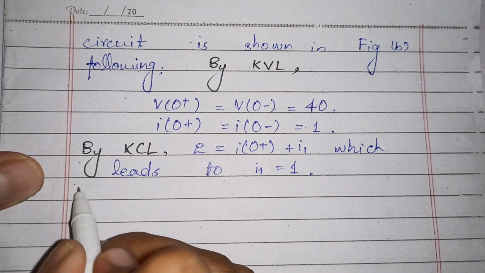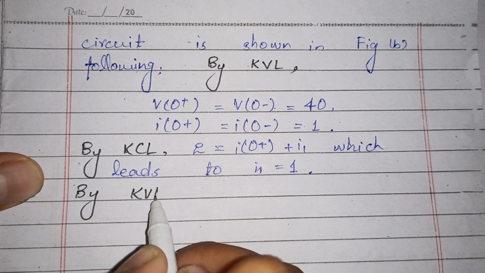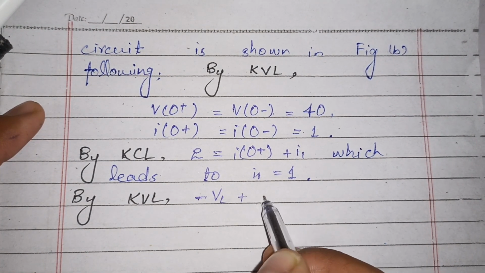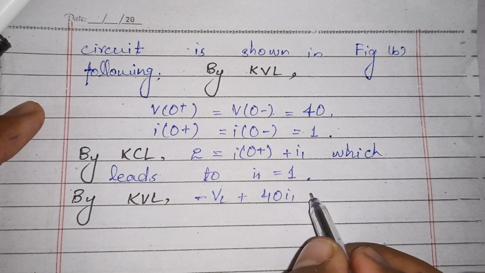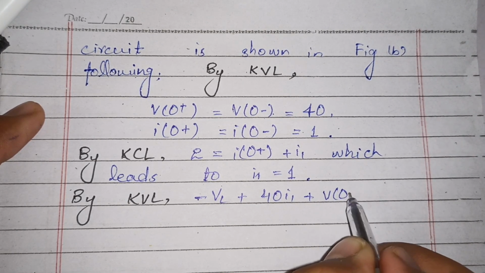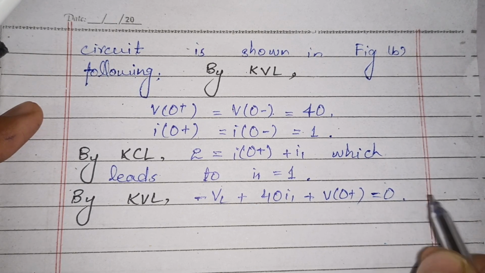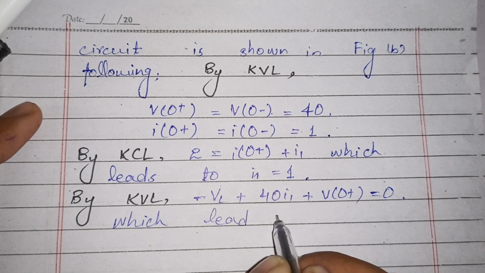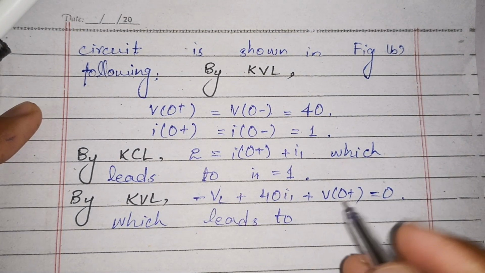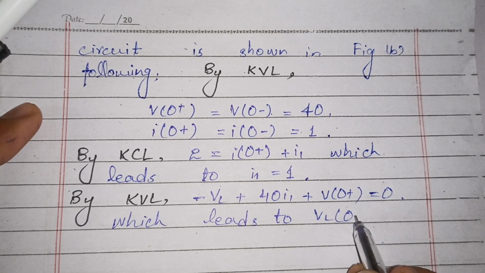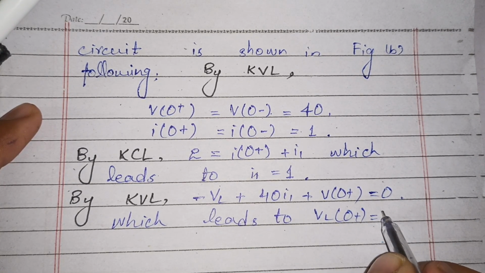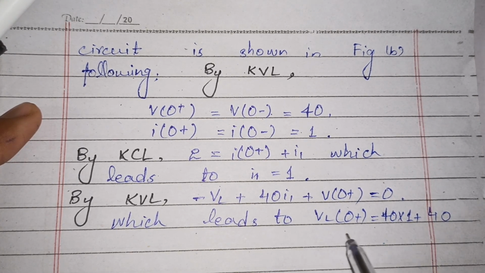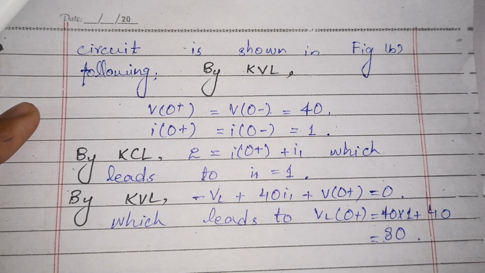Now again by KVL, negative VL plus 40 I1 plus V(0+) is equal to 0, which leads to VL(0+) is equal to 40 into 1 plus 40, which is equal to 80.